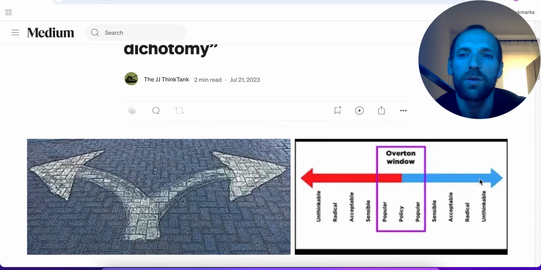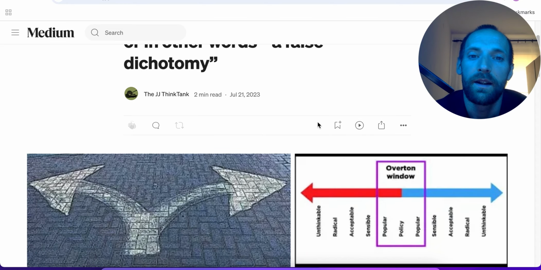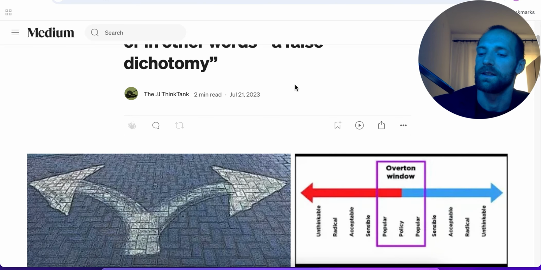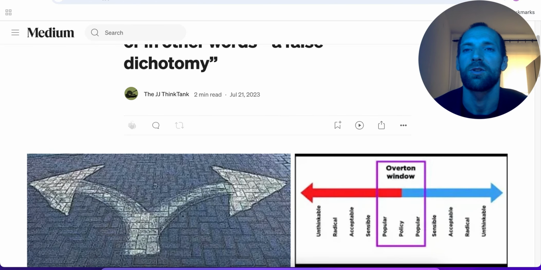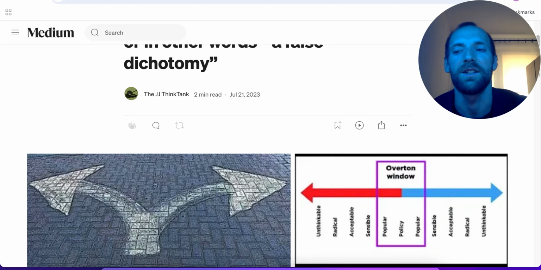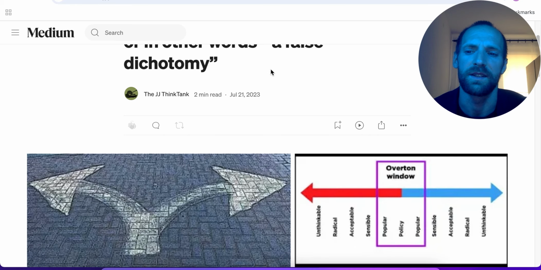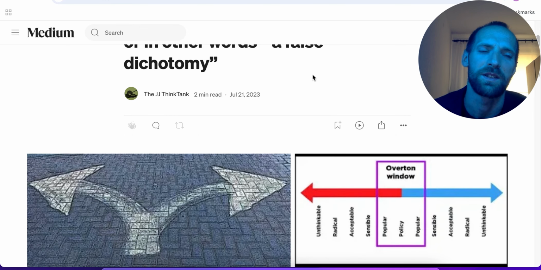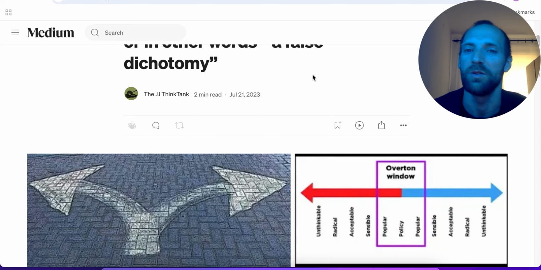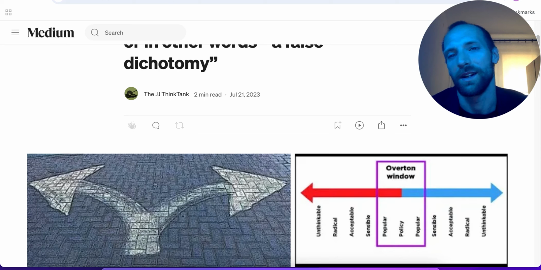And I guess this concept of the Overton window and the false dichotomy reminds us of what Schopenhauer said. Schopenhauer said famously, truth goes through 3 stages. First, the person who speaks the truth is ridiculed. Then he's slowly accepted, and then finally, the truth itself is accepted as a given.